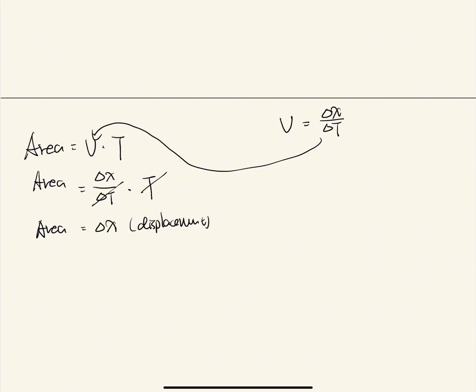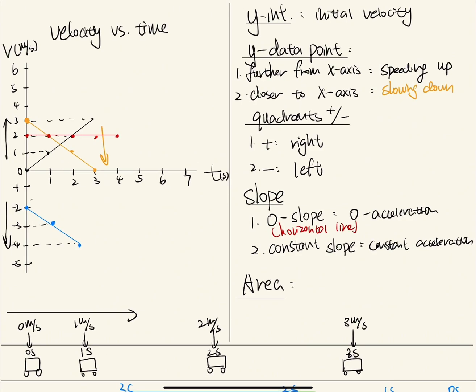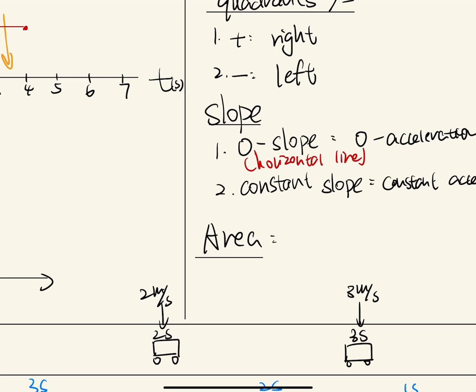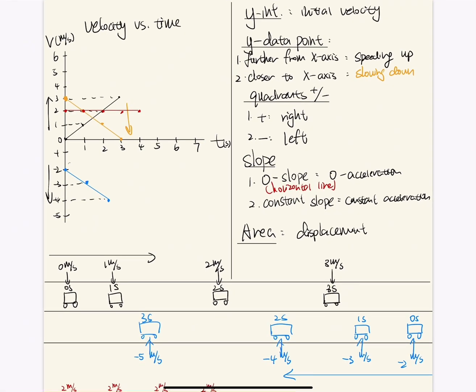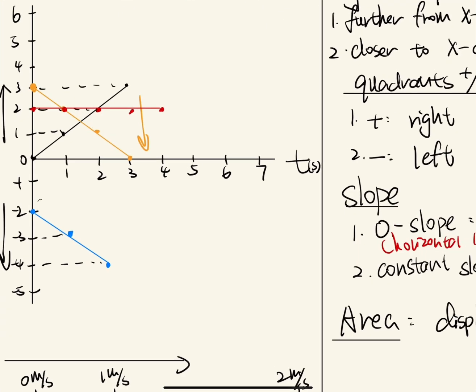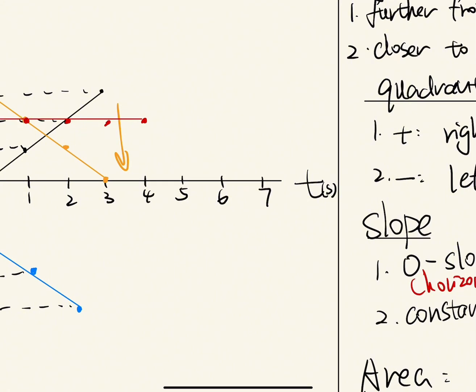Since displacement is a changing position, and we know X is position, we can write it here. By the way, take this black line as an example. If you're looking at the area, it would be this part.